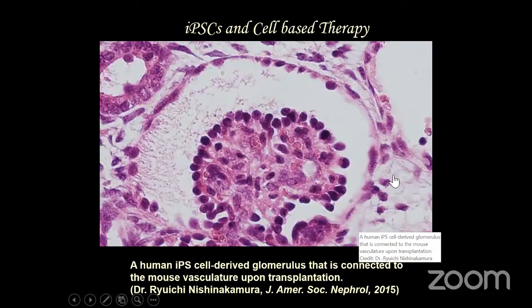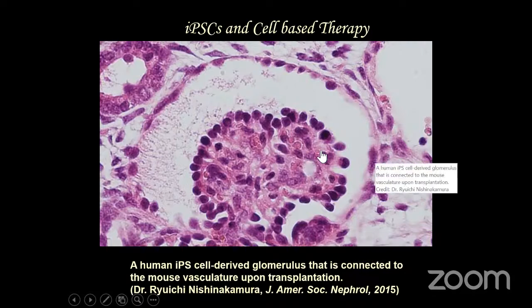activities going on. As I told, in Japan they have done already. So this is human iPSC-derived glomerular cells. This is another very difficult cell type, in fact, to get, kidney cells. After implantation in mouse, they have shown the integration and they have established all the vasculature.